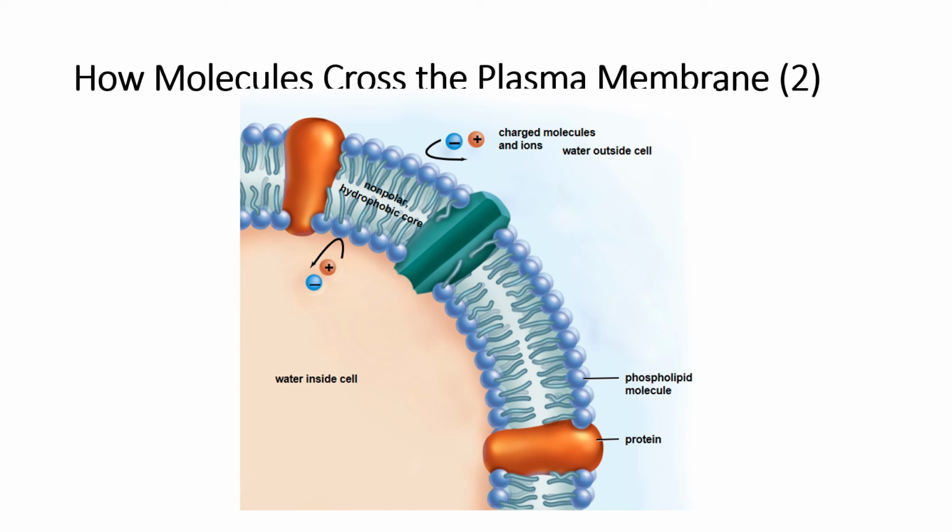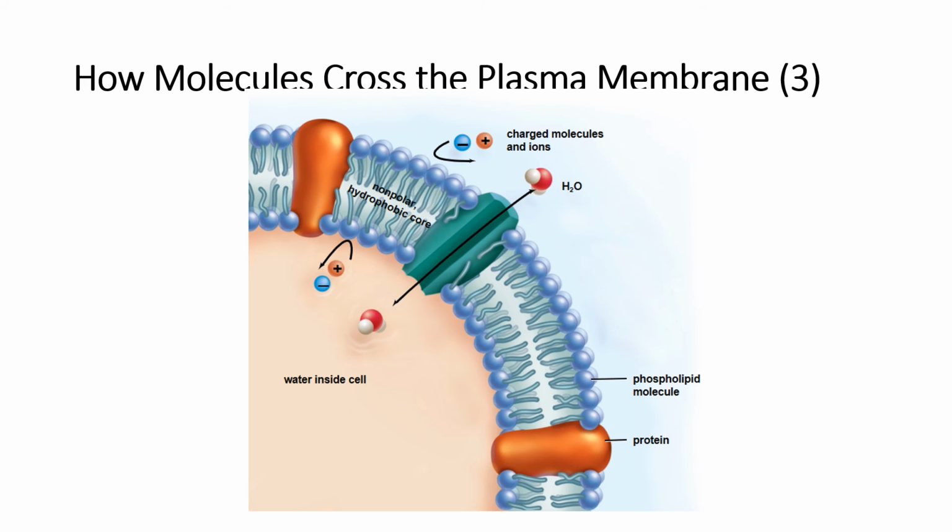So first they're showing you what happens with charged molecules and charged ions. Charged ions are very small, they're one atom, and they are deflected by the membrane, specifically this nonpolar hydrophobic core, the hydrophobic tails. Some ions and some cargo that are small, like water, they can pass through transport proteins.